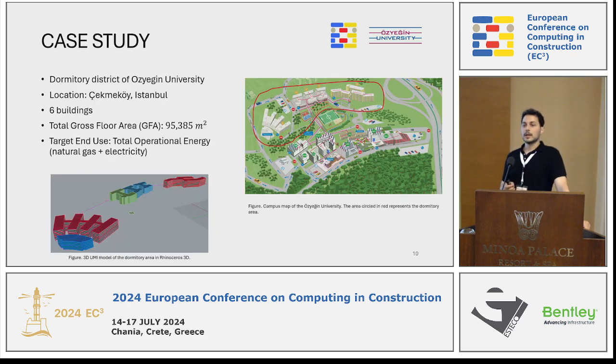So we tested our methodology over a dormitory district of Özyeğin University in Istanbul. There are 6 buildings at this campus, and our target end use is the summation of the natural gas and electricity consumption at the monthly resolution.